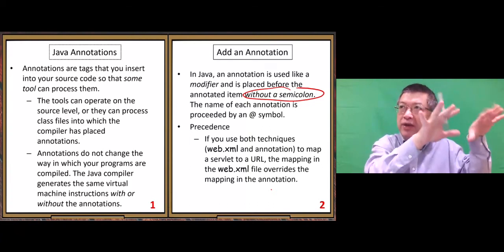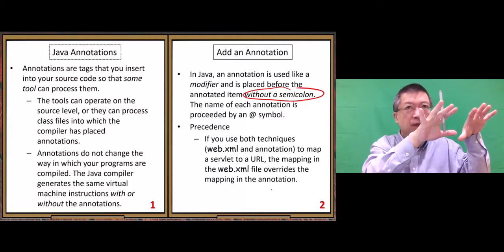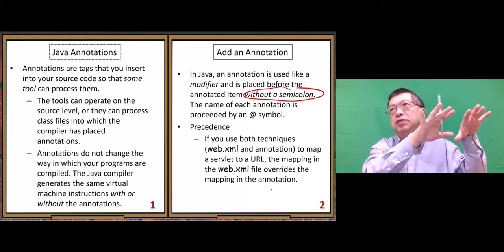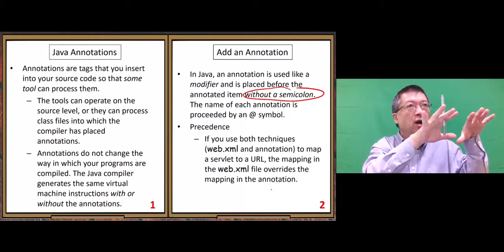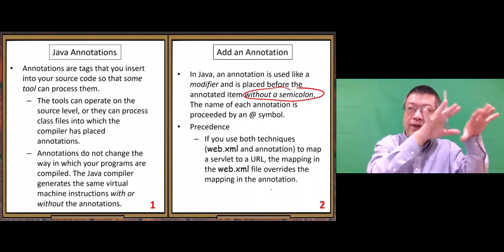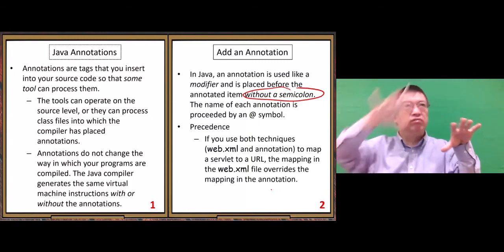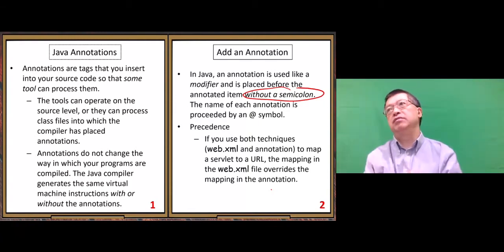So definitely you like to do it in the web.xml to change the behaviors of the whole web application. That change you put in the web.xml will override individual servlet annotations. So that makes sense. All right.